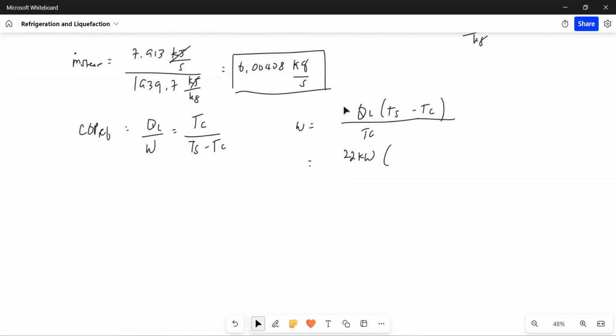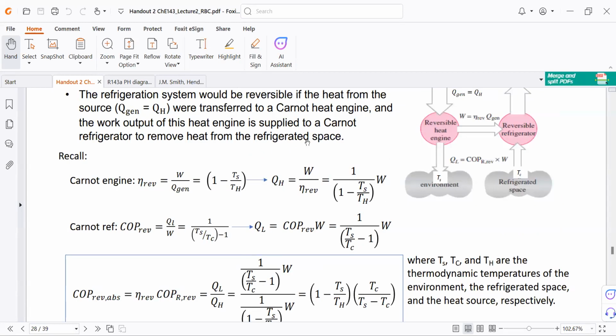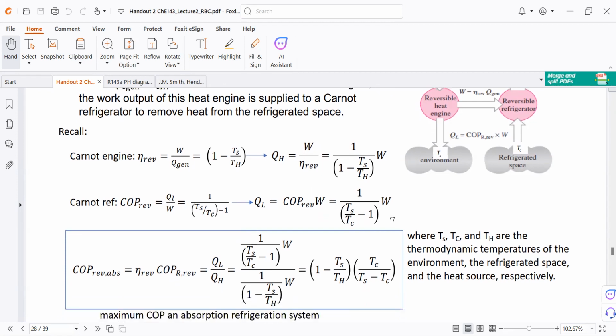And that value is 25. Okay, but before that, let me go back to ito. Basically, ito yung formula na ginagamit ko, ito pala, itong nasa ilalim, for work. Okay.